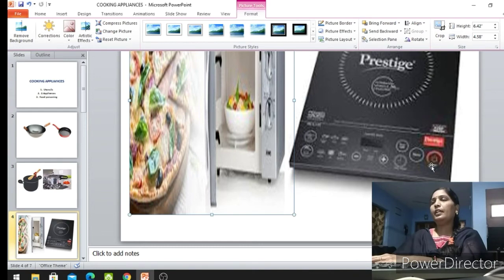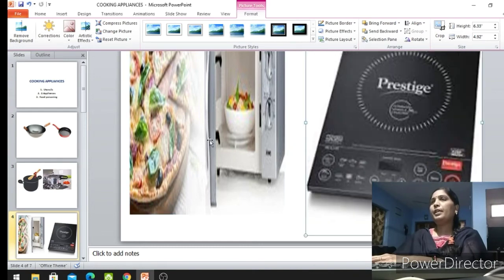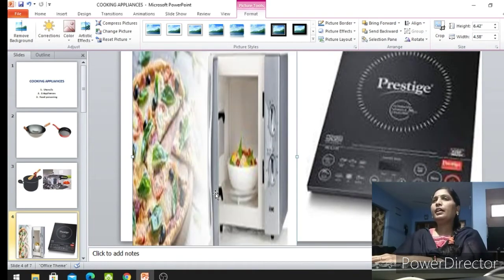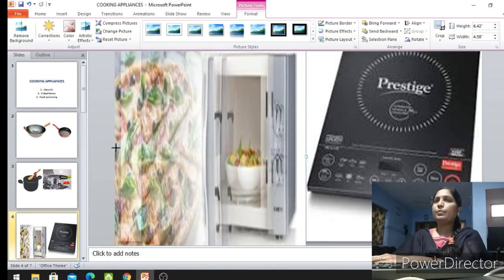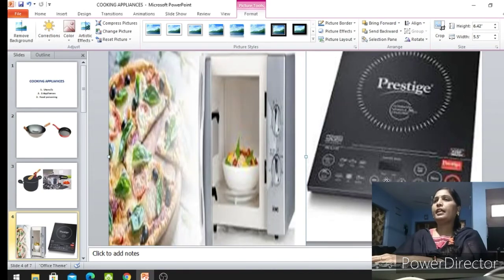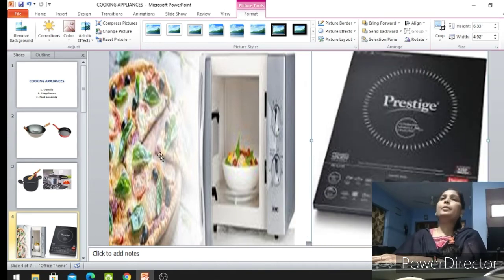How we bake the food you know very well. So for baking we are using the oven. So this is an oven, and this is a microwave. So we use the microwave to make pizzas, cakes and for baking chicken also. For baking purposes we use this microwave.